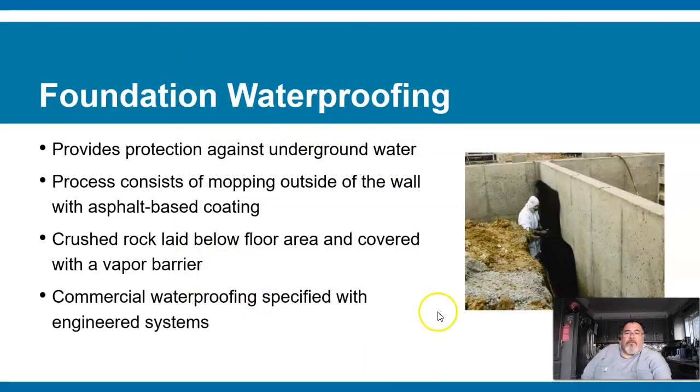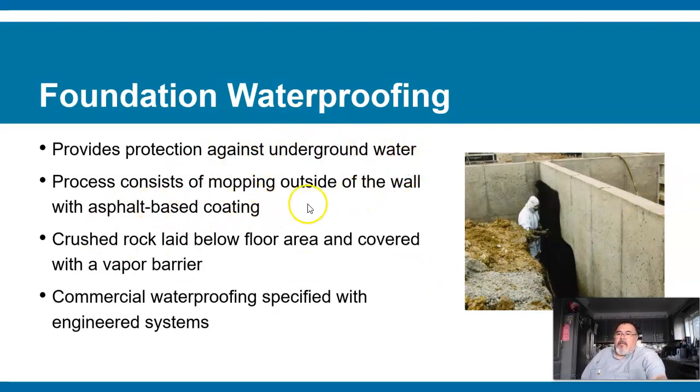Here's some waterproofing. You see here, this guy's standing in what's going to be filled up with dirt. So he's on the outside spraying this black tar rubber type spray that will dry and create a rubber film. So when they fill that area up with dirt and gravel, water won't penetrate through the concrete. It provides protection against underground water.